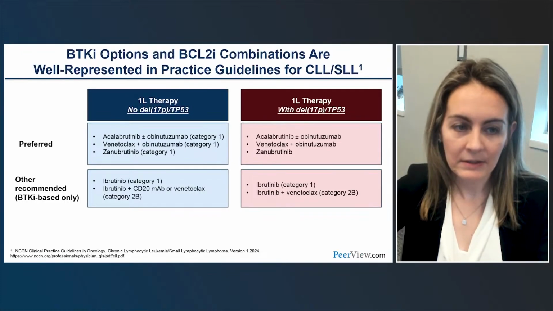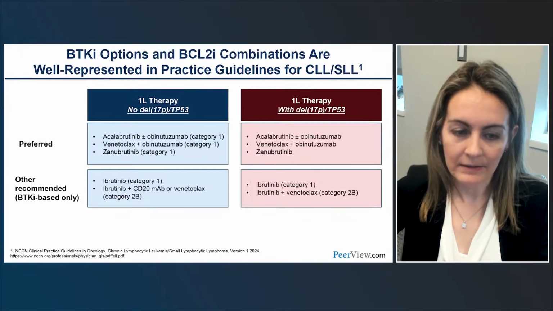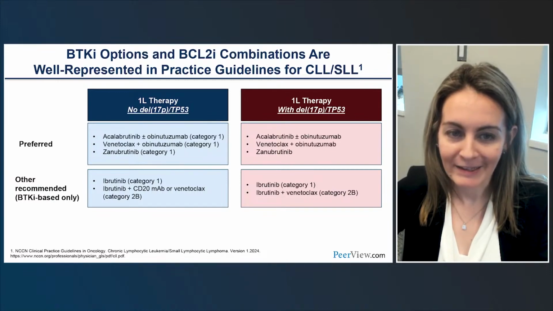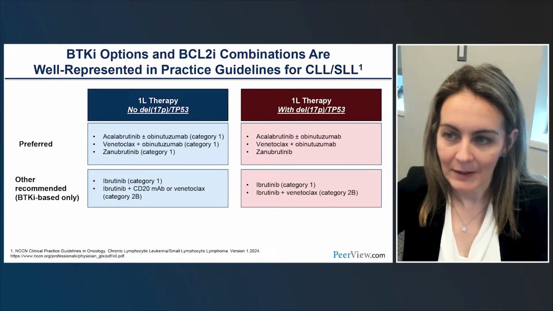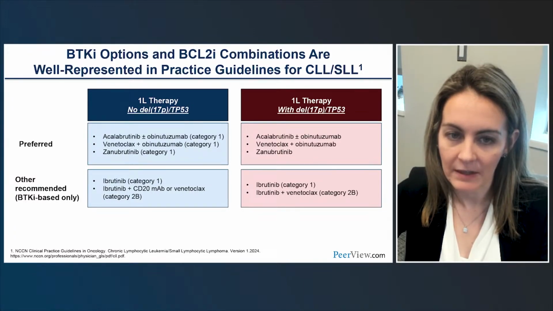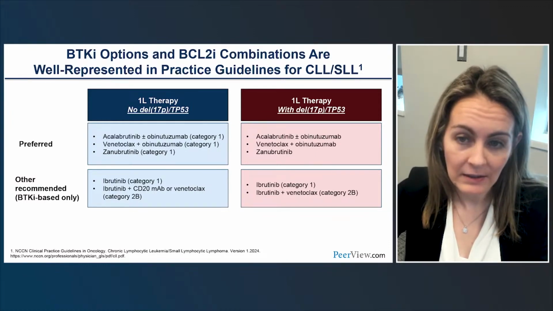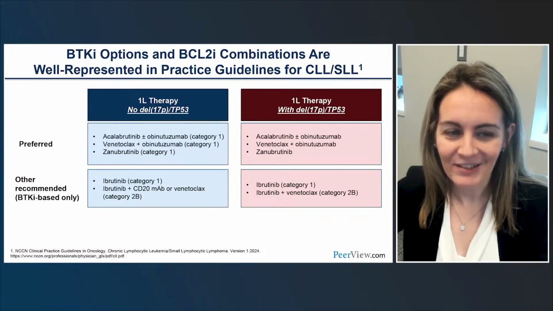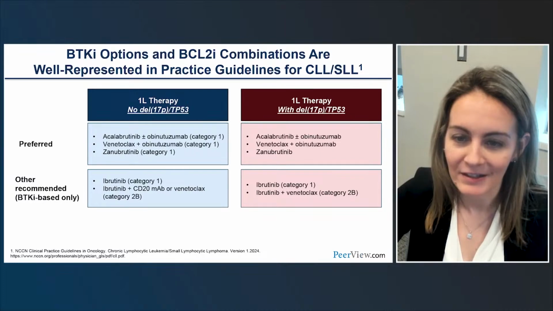Here you see the NCCN practice guidelines for patients with CLL in the front line, divided by TP53 status: patients first in blue without a deletion of 17p or a P53 mutation, and then with. You'll see that they look pretty similar here.